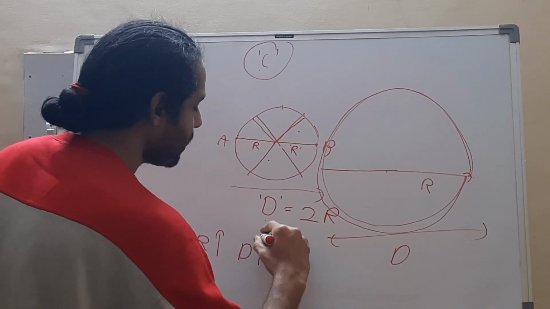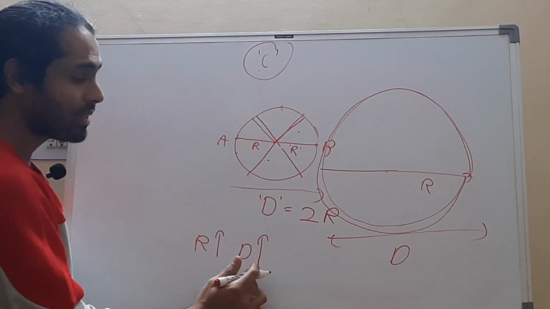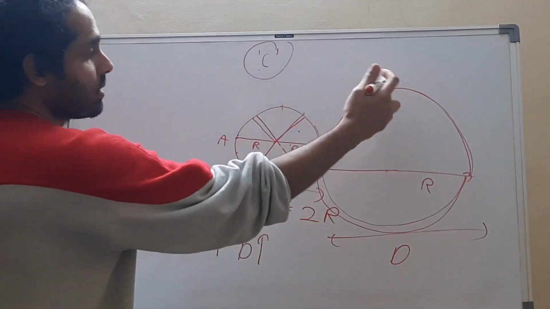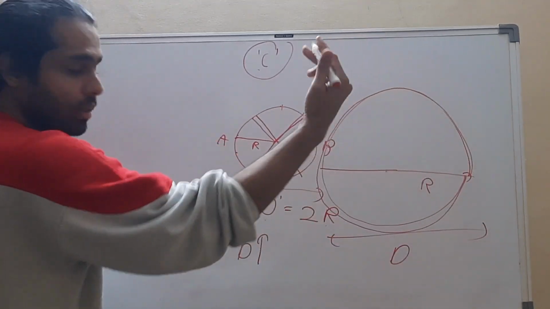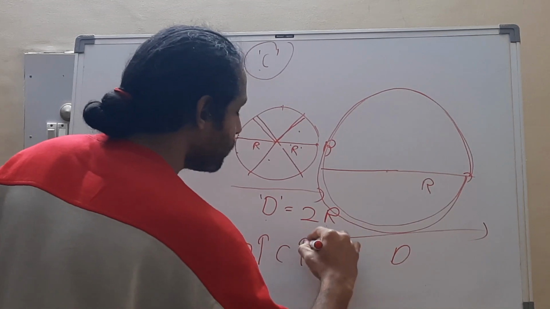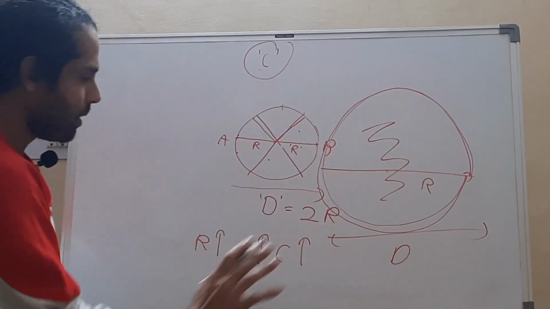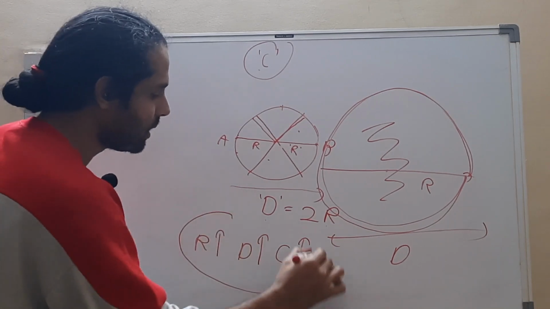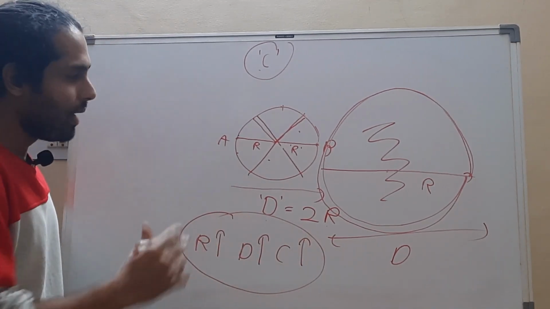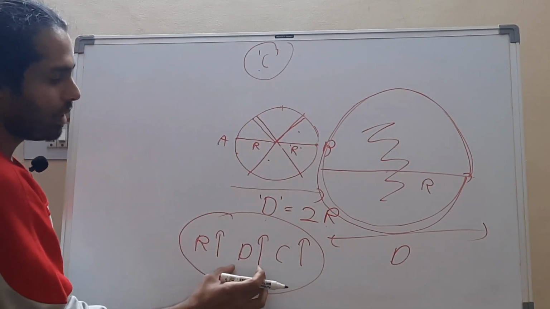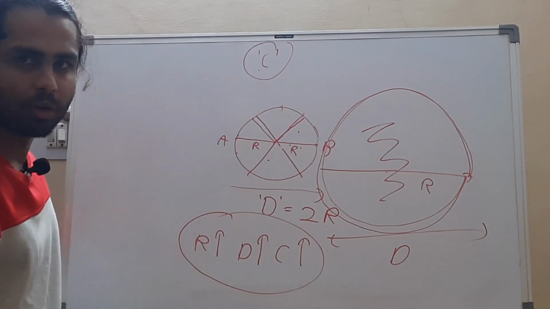Diameter will also become bigger. And as this diameter becomes bigger, what happens? The circle itself is bigger. So that means the circumference, that is the boundary, the perimeter, also becomes bigger. Of course, the area also is more. We'll come to that. I'm more interested right now in these 3 terms, R, D and C. And the same thing can happen in reverse. Circle gets smaller, R becomes smaller, D becomes smaller, C becomes smaller.